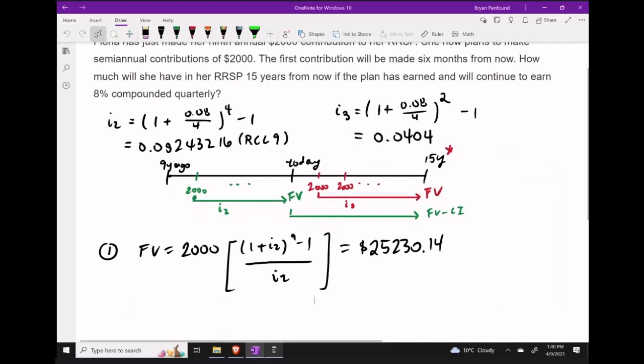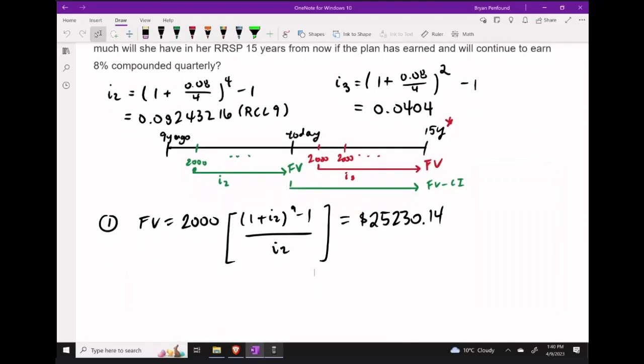Now we do need to push this forward in time. We can now apply the future value formula for compound interest. So let's take our $25,230.14. And we know that the interest rate we're earning is 8% compounded quarterly. So let's take our 8% compounded quarterly, and then we need to figure out n.